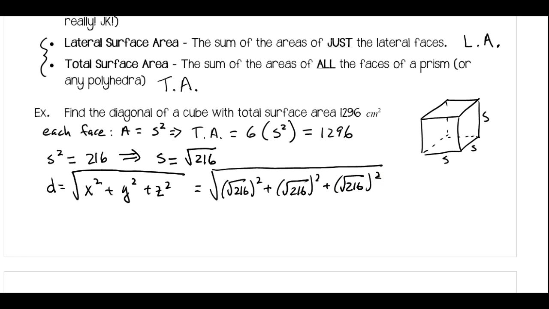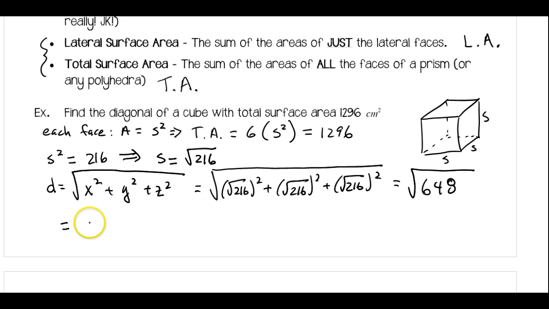Or you could have written it as 3 times the square root of 216 squared. So this turns out to be the square root of 648, because for each of these, the square root and the square cancel, so it's just 216 times 3, which is the square root of 648.